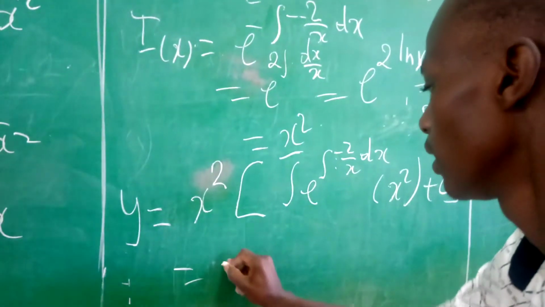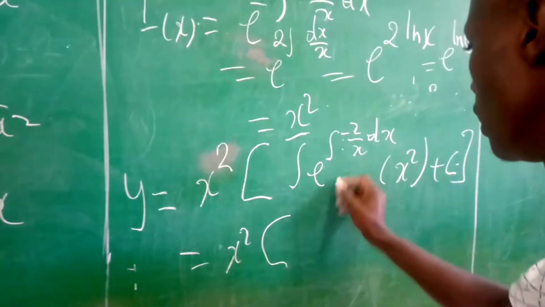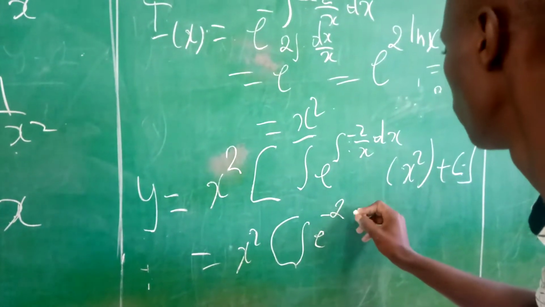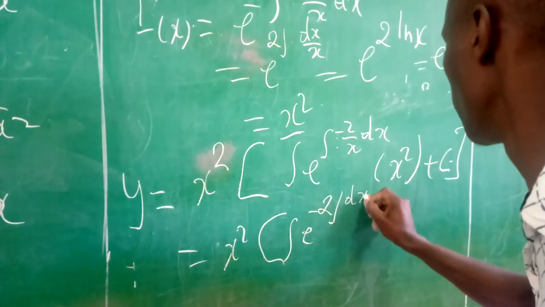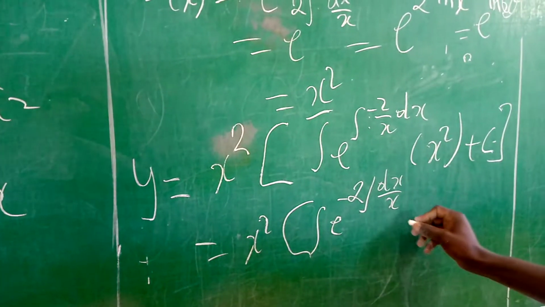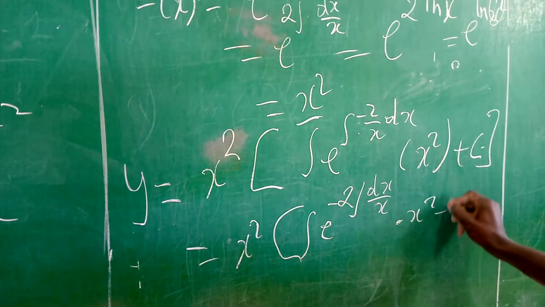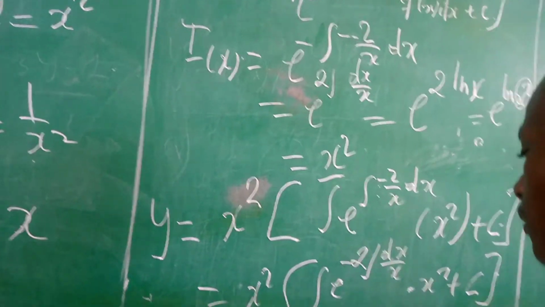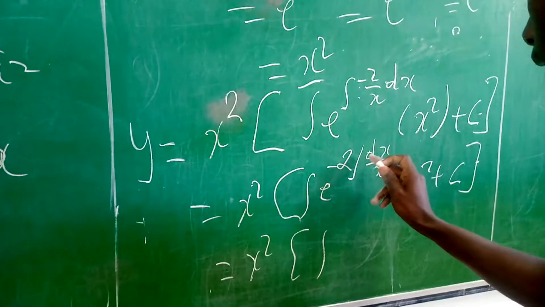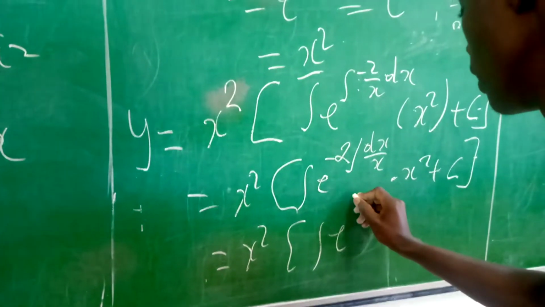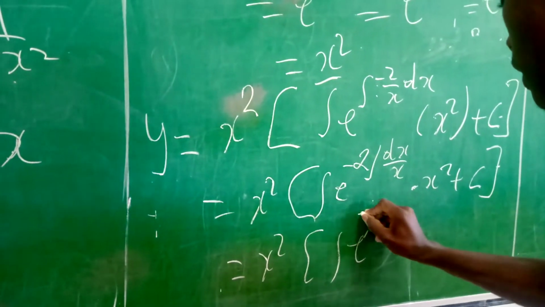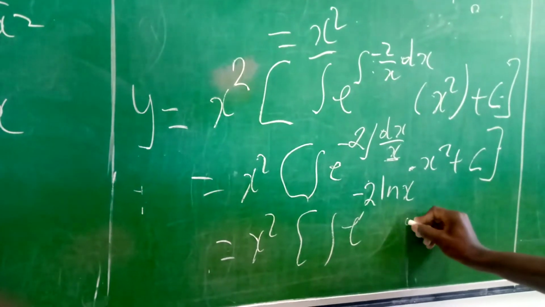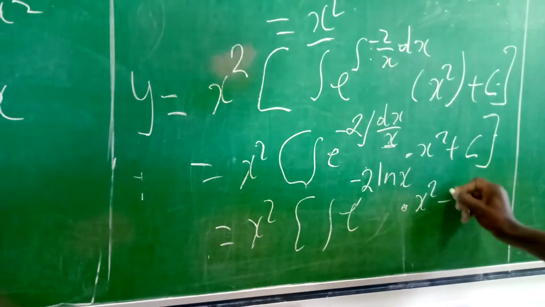Then we get x squared, bracket, integral of e power negative 2 integral dx over x, times x squared plus c. Then we get integral of e power negative 2 ln x from this, and then times x squared plus c.